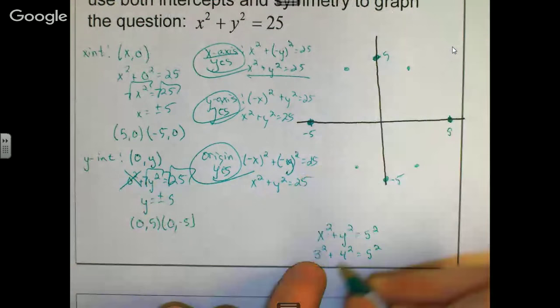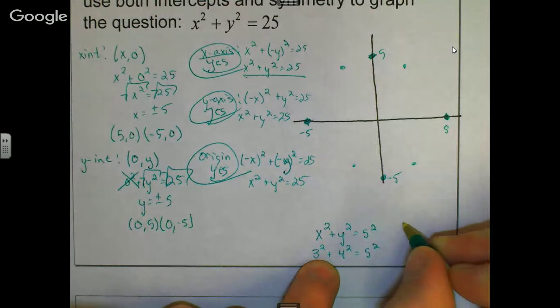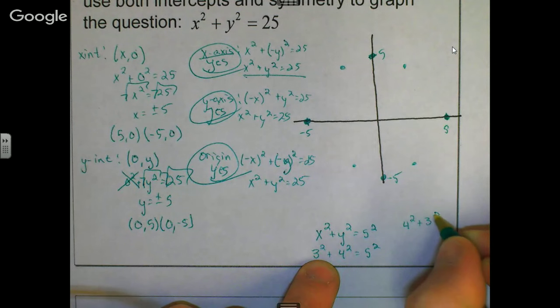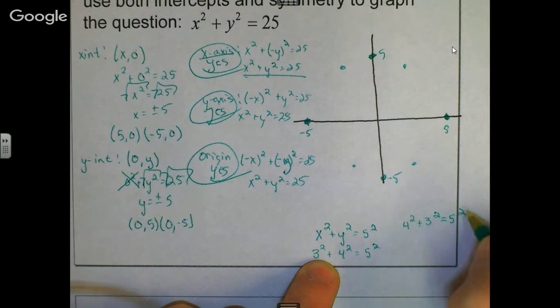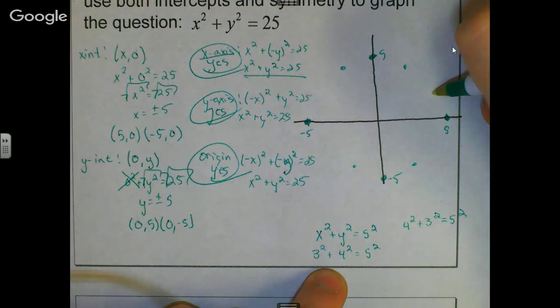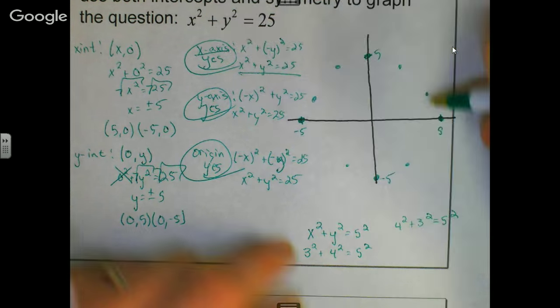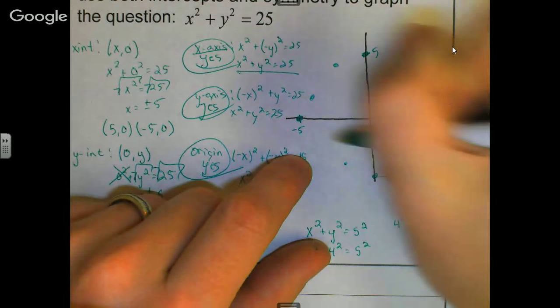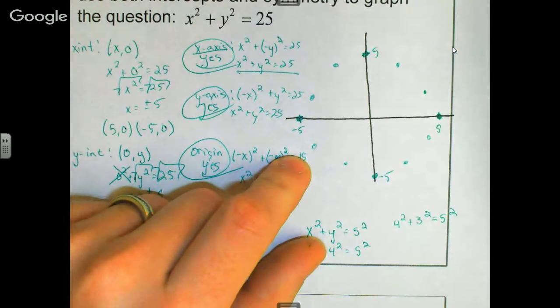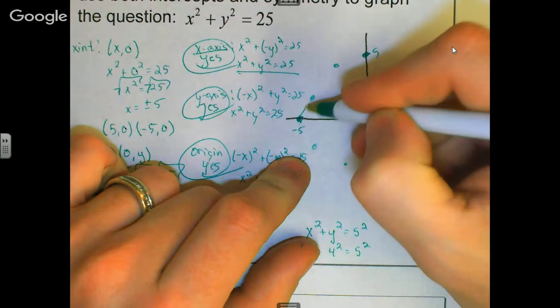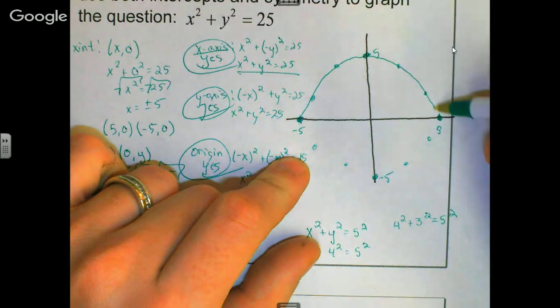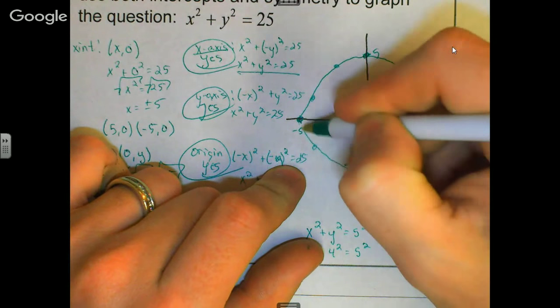I can also switch these. I could say 4 squared plus 3 squared equals 5 squared. I just flip-flop those. So that's here. I reflect it over here, and I reflect those 2 down here. And hopefully you notice that we created a circle.